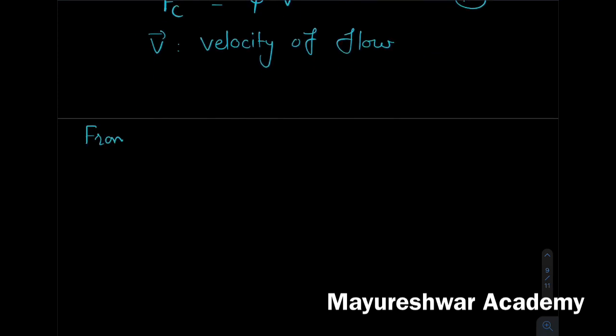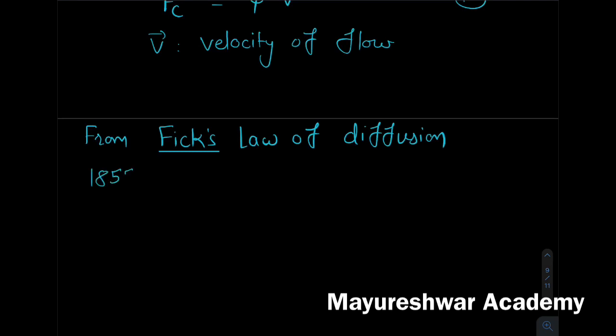Then the diffusion term we can obtain from Fick's law of diffusion, which is similar to Fourier's law of conduction. The only difference is that there it talks about temperature and here it talks about mass diffusion. It was defined in 1855 by Adolf Fick, a German physician.